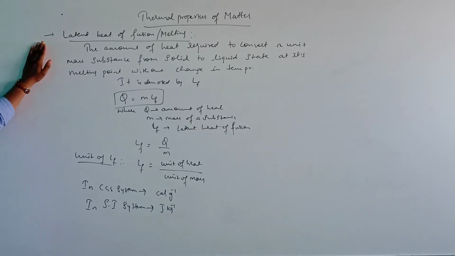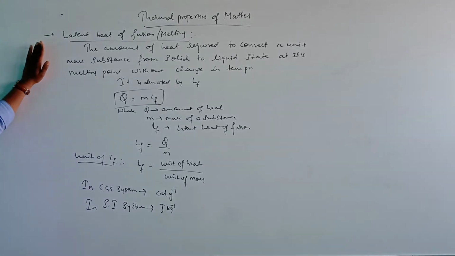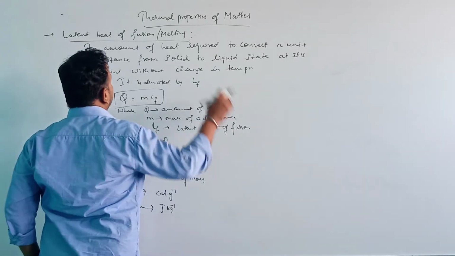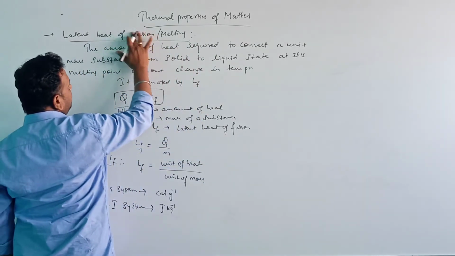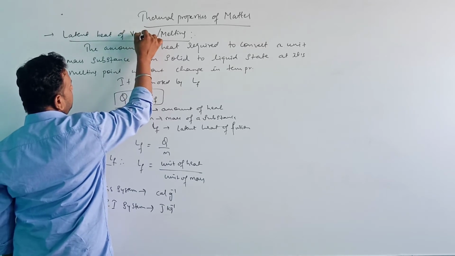Now the other type of latent heat is latent heat of vaporization. Here, in place of fusion, I am writing vaporization.